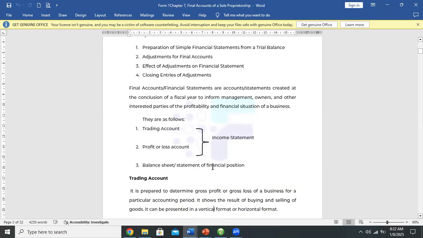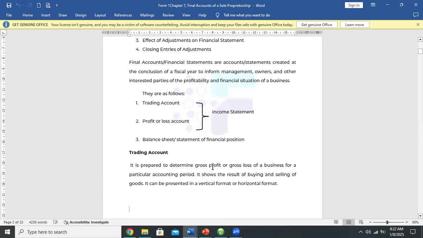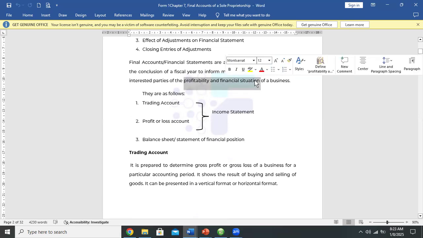So final accounts or financial statements are accounts and statements created at the end or conclusion of a fiscal year to inform management, owners, and other interested parties of the profitability and financial situation of a business. So the main purpose of preparing financial statements is for us to be able to determine the profitability.